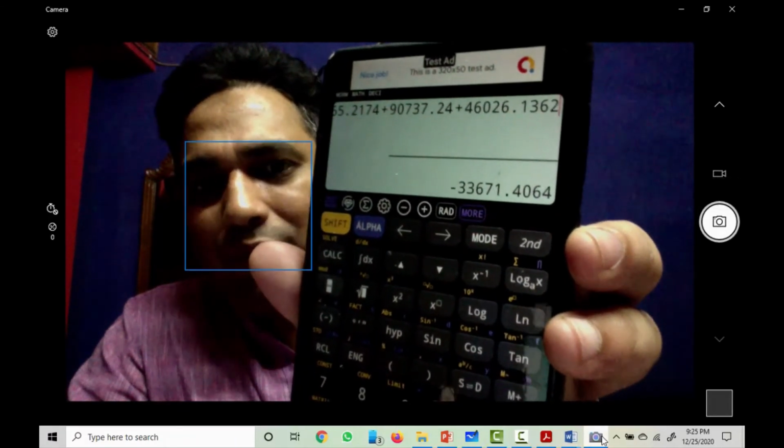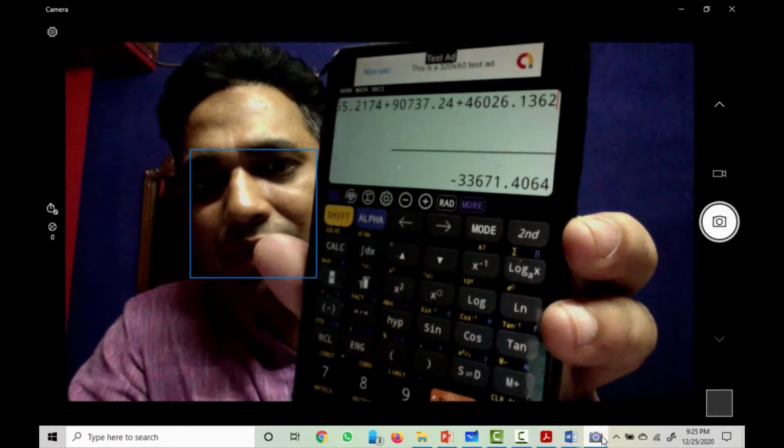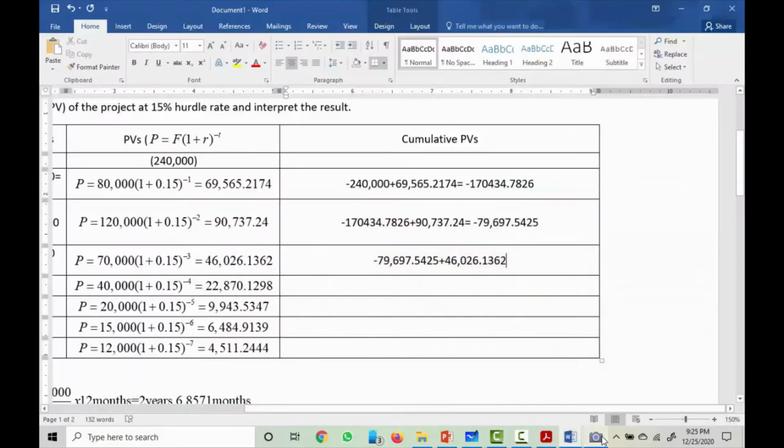If you add it like this way, the answer is, you can see, minus 33,671.4064.